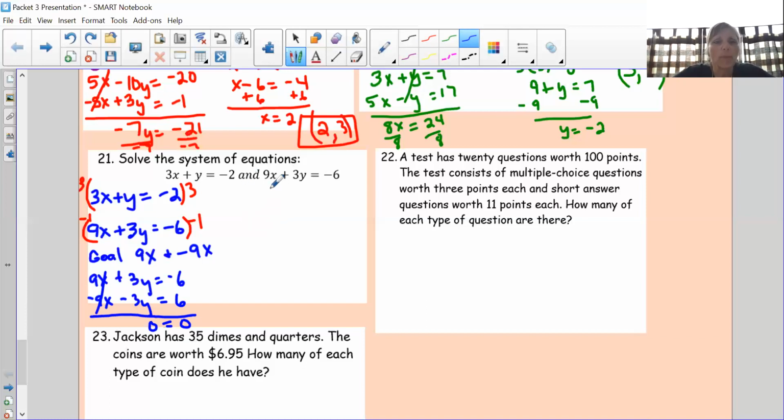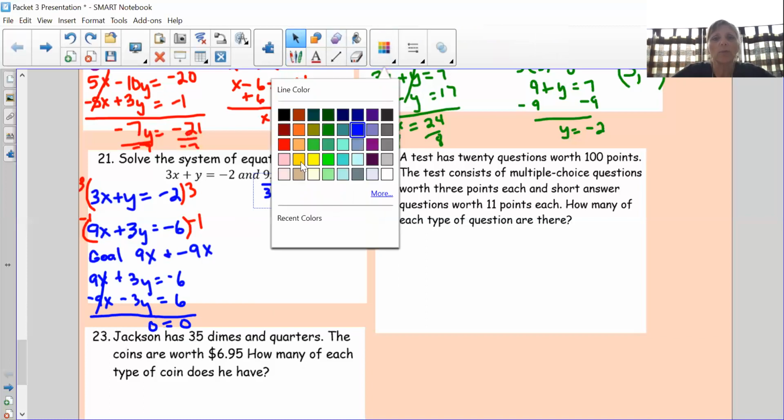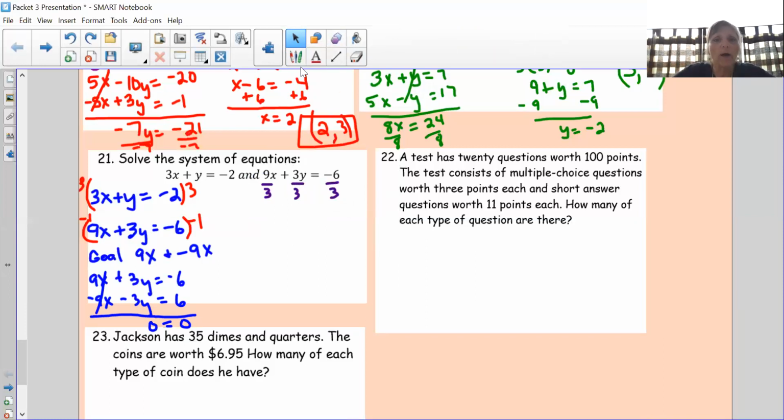So I'm going to put, oh, by the way, I talked about a while ago, all these divide by 3. So look what happens if you actually divide by 3. You know what? Let me change colors for this because this is a little speculation here. Let's change that to purple. Okay. So what if I were to do that? 9 divided by 3 is 3x. 3 divided by 3 is 1y.